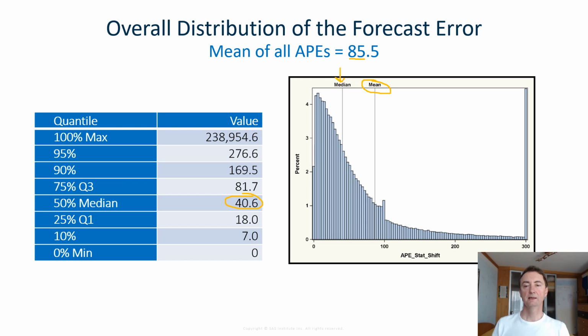So this means that 50% of our product forecasts are lower than 40 and the other half is higher than 40. The first quartile is 18, meaning that 25% of our product forecasts are lower than 18, the others are higher than that value.